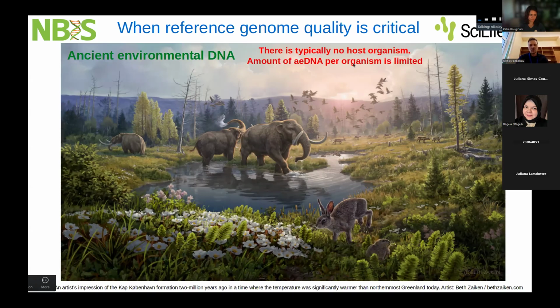I mean, in ancient DNA, we know that the amount of DNA is never enough for us. But imagine now the total amount of DNA you sequence is low. But if you do assignment of certain reads to an organism, you're down basically to 20 or 100 reads. So you actually detect these animals based on just a few reads.